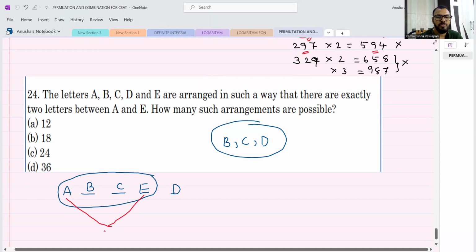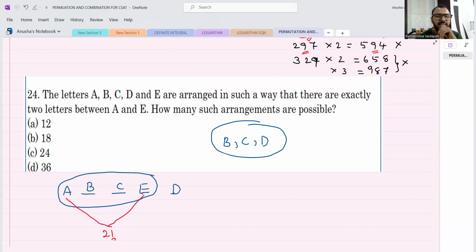So A and E can be arranged in two factorial ways. Two ways: the first letter is E and the second letter is A, or I'll take A and E. So here there must be two letters between A and E. They did not specify that A is the first letter and E is the fourth letter.